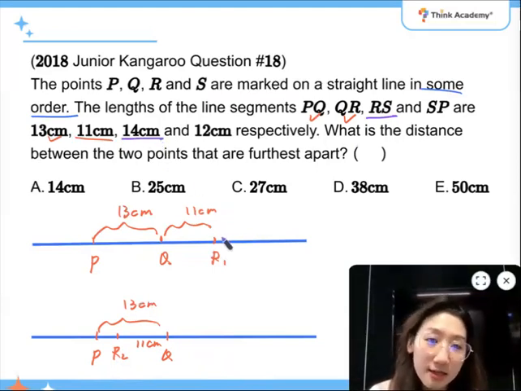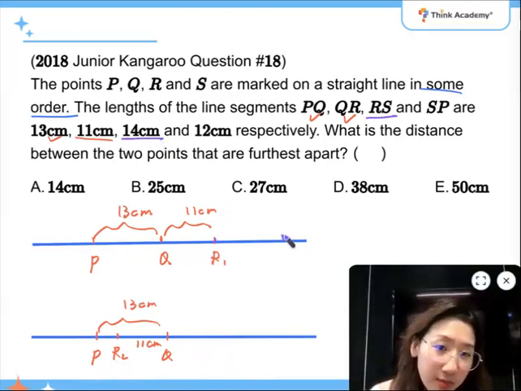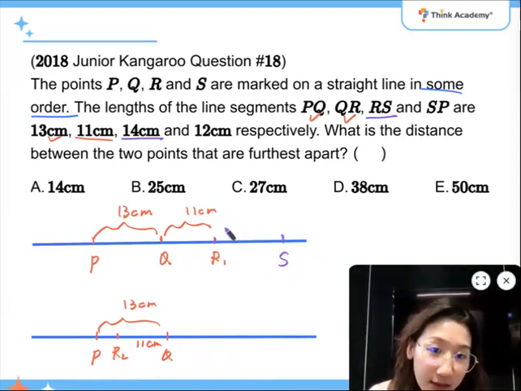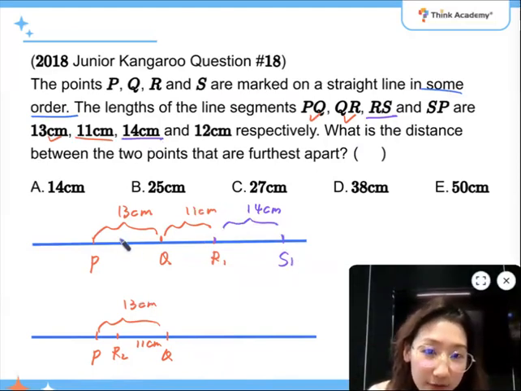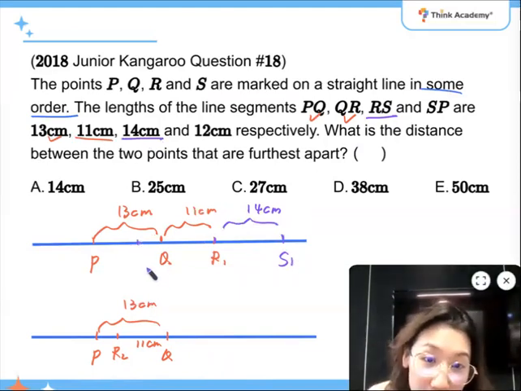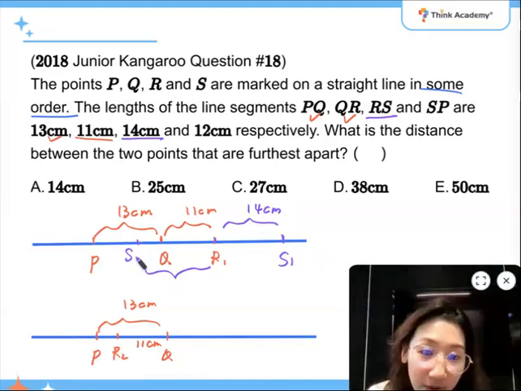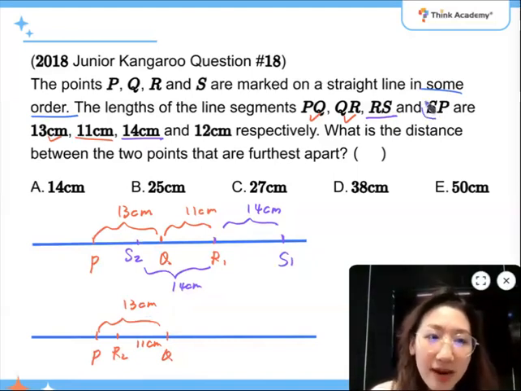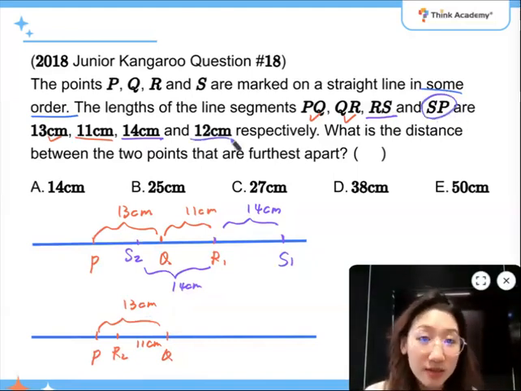RS is 14 centimeters, so it can be 14 centimeters away from R on the right. And let's put it down as 14. It could also be on the left. So it could also have this bit as RS. It's also 14 centimeters.